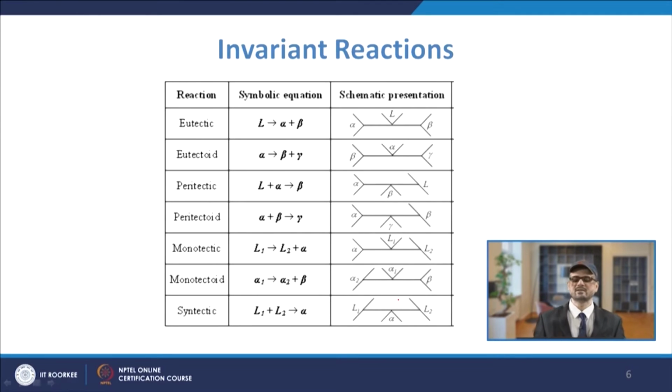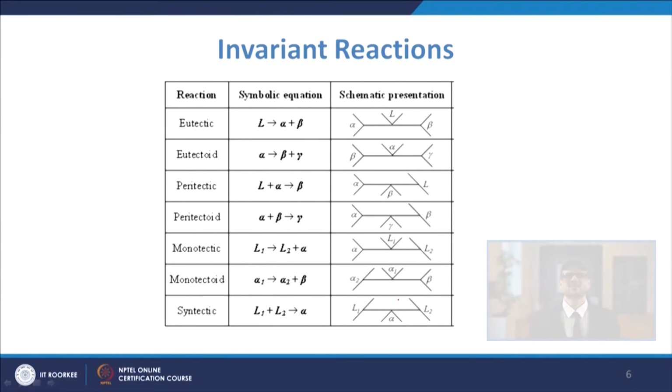So, these are the different invariant reactions, and we will be facing them as we discuss the different types of phase diagrams, be it for the ferrous system or the non-ferrous system.